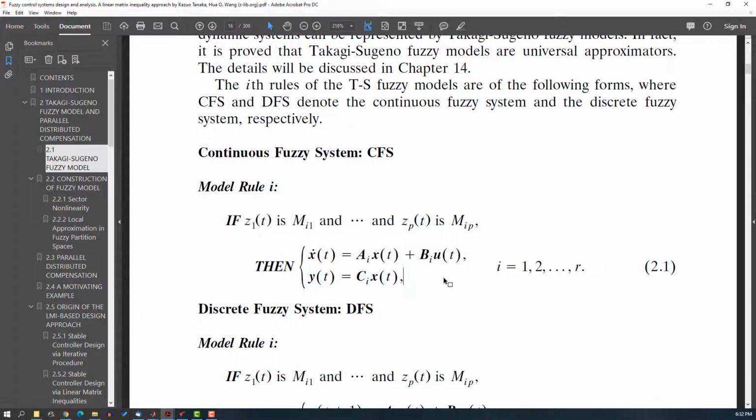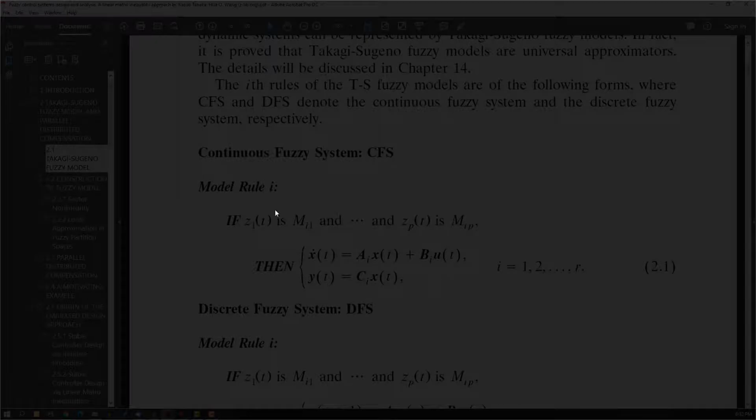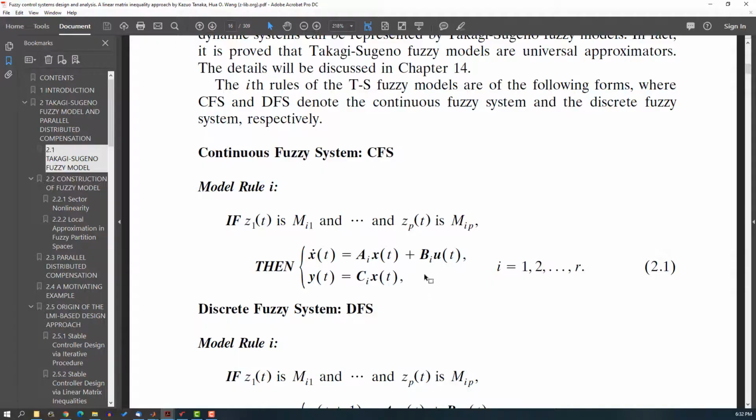So that's the trick. You use linear control, but you can control the whole nonlinear system. This is much easier and is a simple solution.